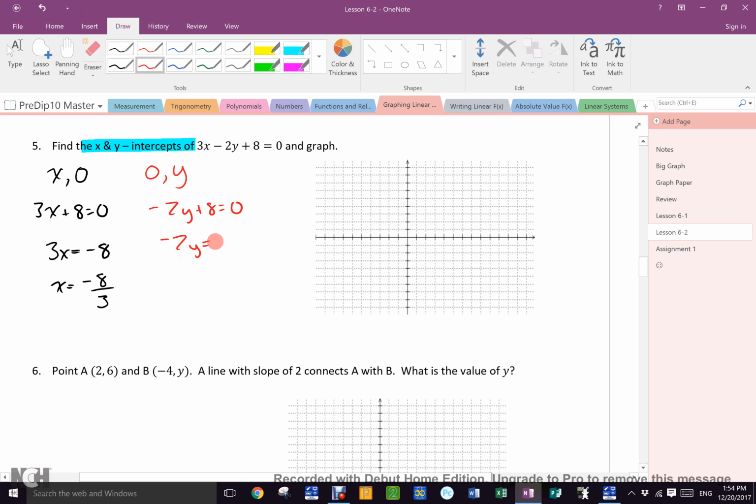Now, y values. Negative 2y equals negative 8. What does y equal? Positive 4. I know that, Amshuman, but I did not hear you say that. So, which of these two values causes us a problem when we want to graph? The x one, because it's a fraction.